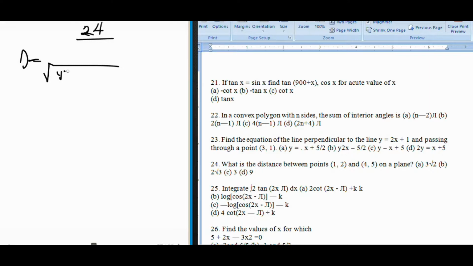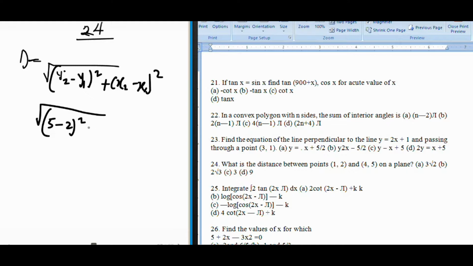Now from the given two points, this is our x1, y1, x2, y2. So putting that into the expression, we have (5 minus 2) all squared plus (4 minus 1) all squared.